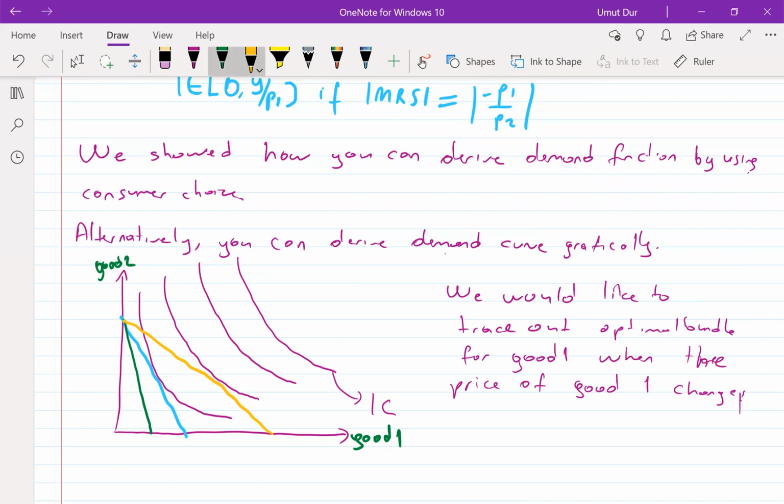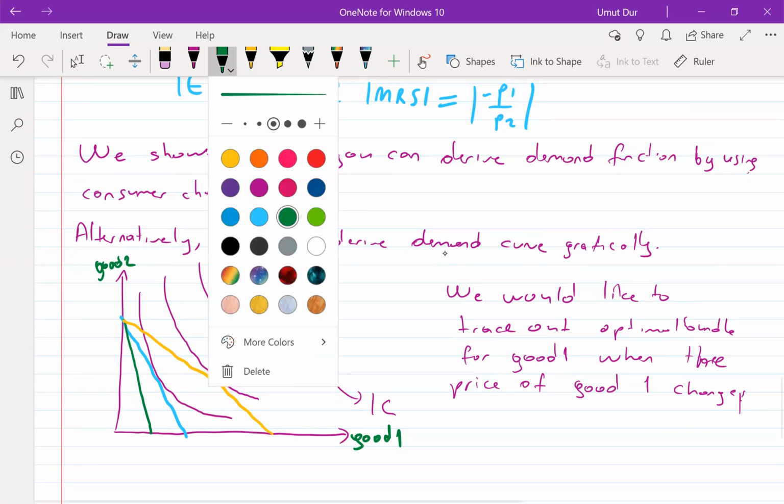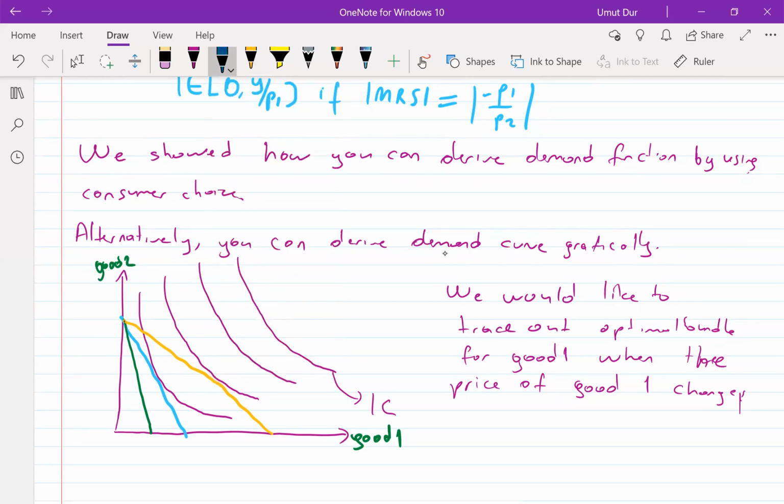And suppose that I decrease the price of good 1 further, then I need to draw a flatter indifference curve here.